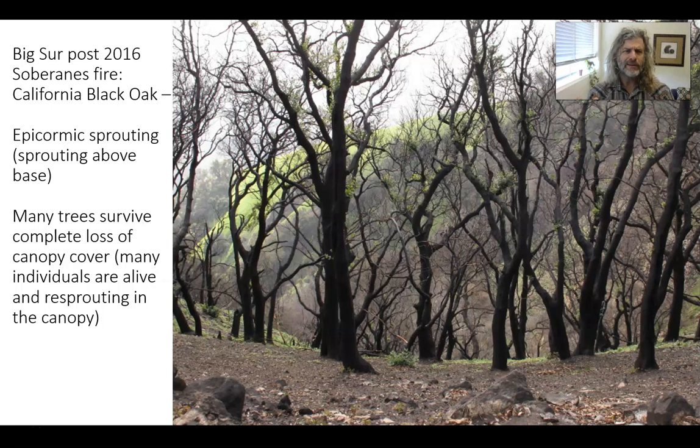How cool is that? I mean, this looks like total destruction, but these trees are actually still alive. Many trees can do this. Redwood can do it as well. Redwood can lose what appears to be all of its standing foliage, but then resprout.